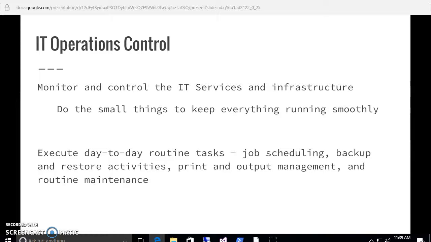So IT operations control is not a process, it's a function, but it is crucial to be ongoing, and that it is given the correct importance and relevance in an IT organization to continue that effective service.